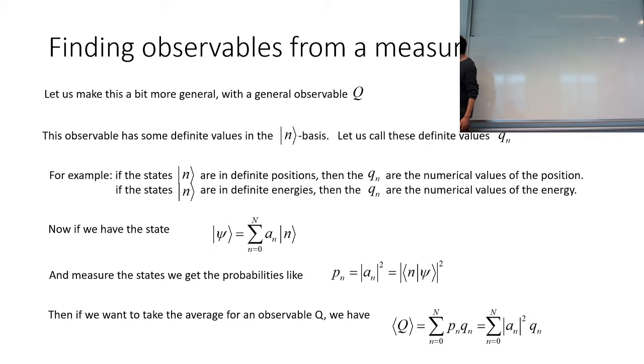So that's, say, position or whatever you're dealing with. And so it's just probability times the value, or we can write it explicitly in terms of the wave function modulus square.